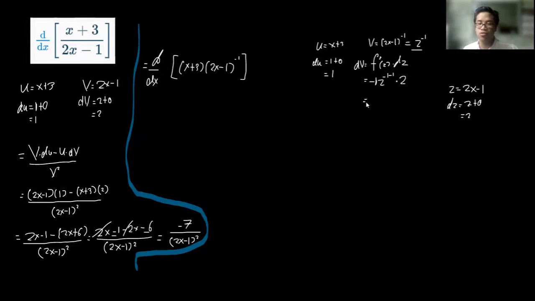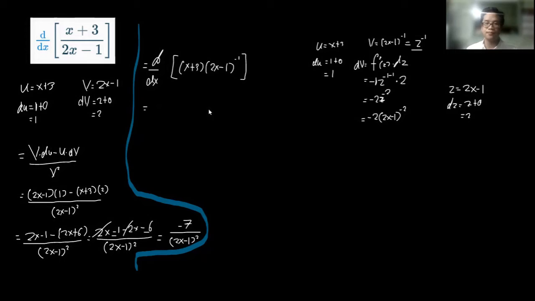To simplify further, we have negative 2 times z raised to negative 2. This is z, by the way. Now we're going to substitute z with 2x minus 1. So we have negative 2 times 2x minus 1 raised to negative 2. That's it.